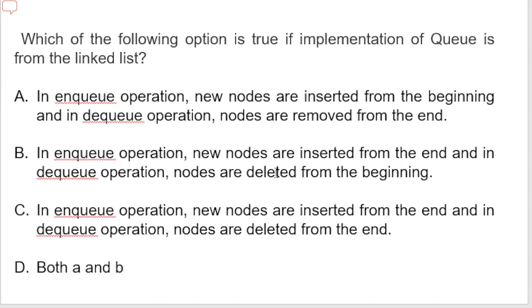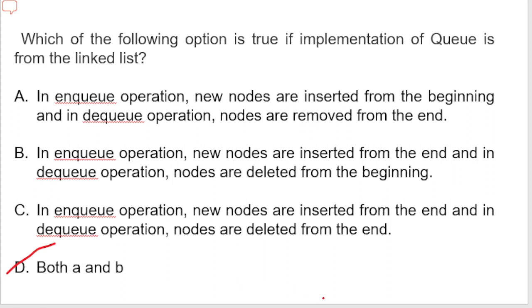Option C, in enqueue operation new nodes are inserted from the end, and dequeue operation nodes are deleted from the end. And D, both A and B. So correct option is D, both A and B.